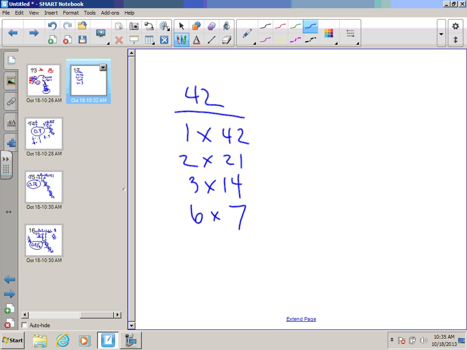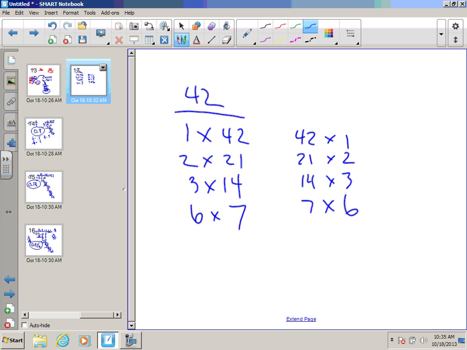And vice versa, right? I suppose you could also say 42 rows of 1, 21 rows of 2, 14 rows of 3, 7 rows of 6. Essentially the same kind of concept.